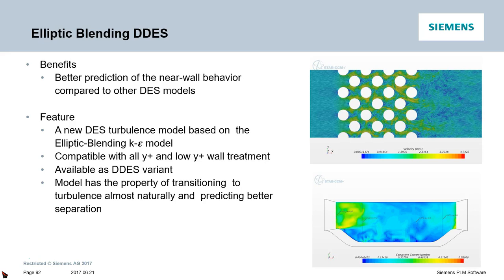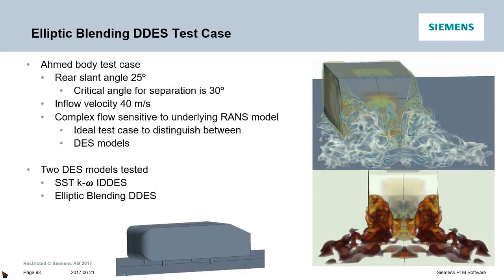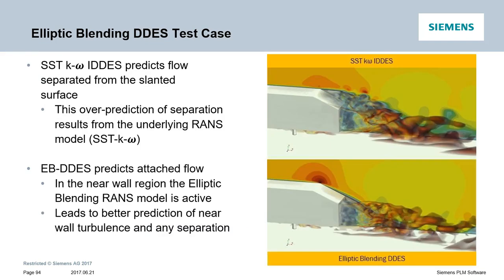Just to demonstrate that, let's look at a classic test case, the flow around Ahmed body. So this is an example case where the rear slant angle is 25 degrees while the critical angle of separation is 30 degrees. So we do not expect separation. So if we calculate the flow around the Ahmed body using SST IDDES and EB k-epsilon DDES, what we find is that SST IDDES predicts separated flow from the slanted surface, which in experiments is attached.